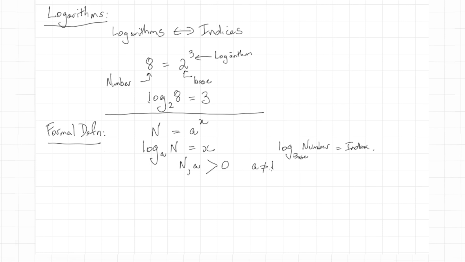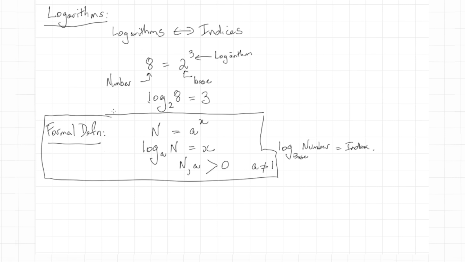It makes no sense to have a base of 1. You can't. 1 to any power is just going to be equal to 1. So n and a have got to be positive, and a cannot equal 1. So this is a formal definition, if you like, of what a logarithm is.